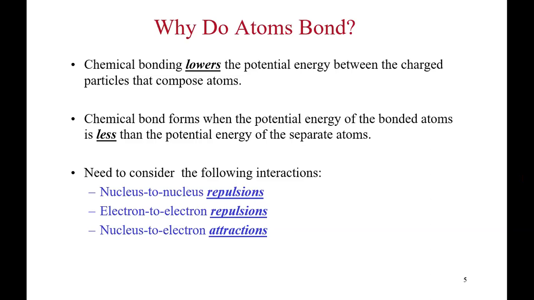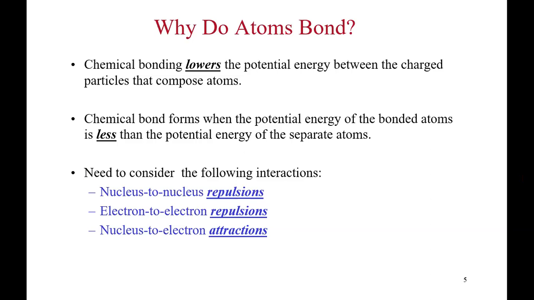The idea is that a chemical bond will form when the potential energy of the bonded atoms is less than the potential energy of the separate atoms. That is, the formation of a chemical bond represents a lowering of energy. Yes, it is exothermic. Yes, it generates a state that, having lower energy, is more stable. Now, what is it that drives that stability?